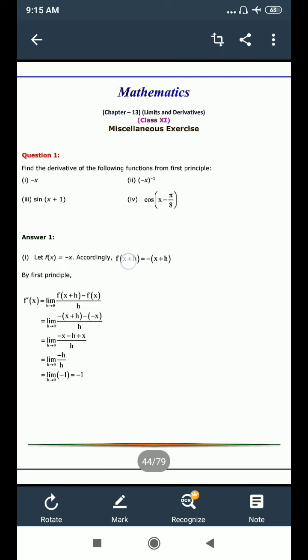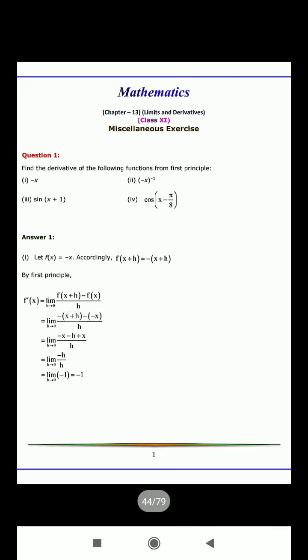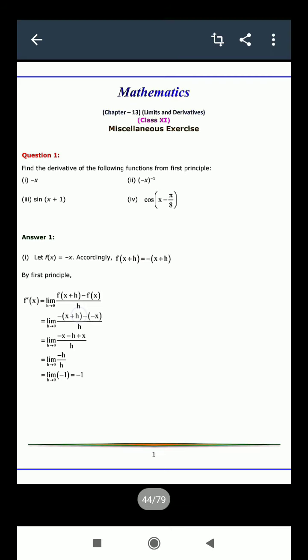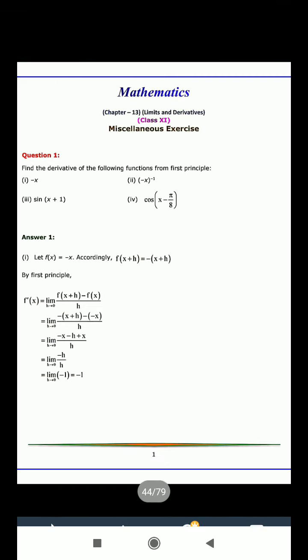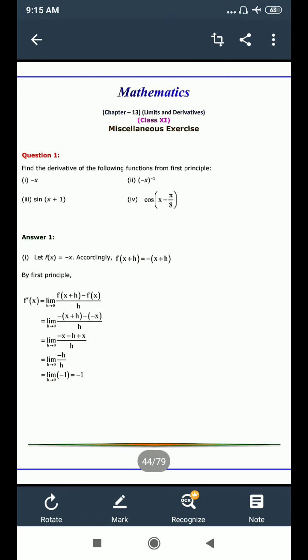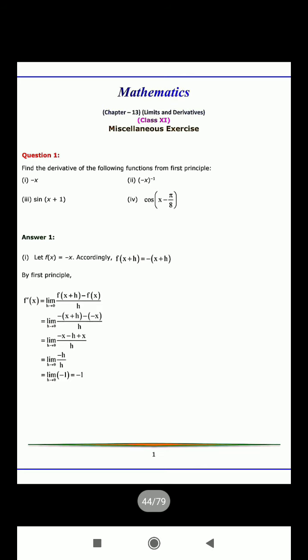So f of x plus h will be minus of x plus h. Replace the values of f of x plus h and f of x, so it is minus of x plus h minus x divided by h. Minus x will be cancelled out by this x, so it is only minus 1. Otherwise also you know that the derivative of x is 1, so the derivative of minus x will be minus 1.